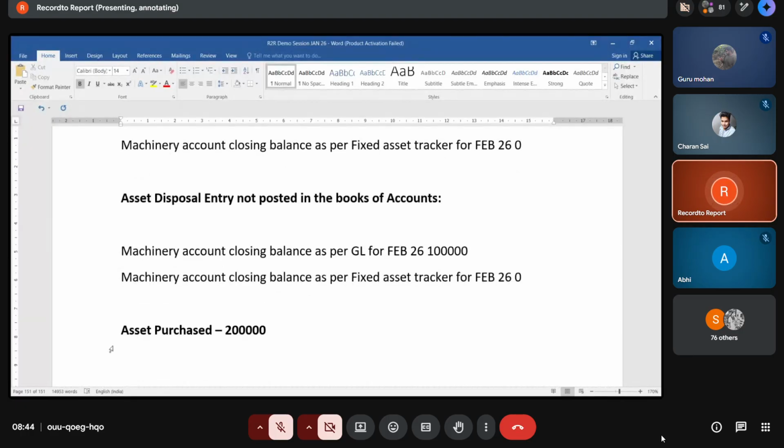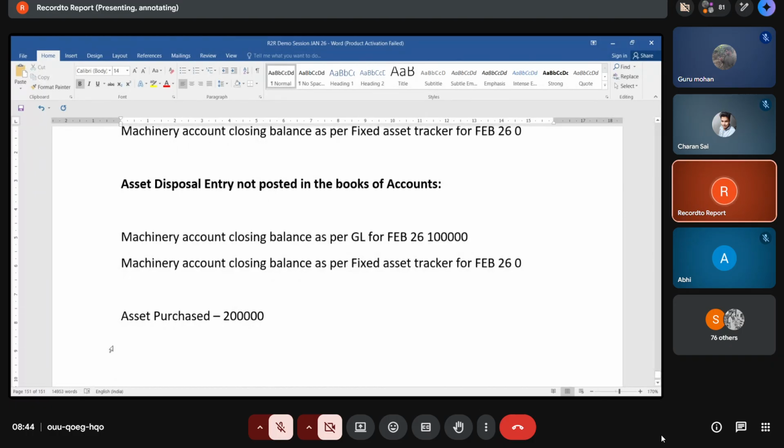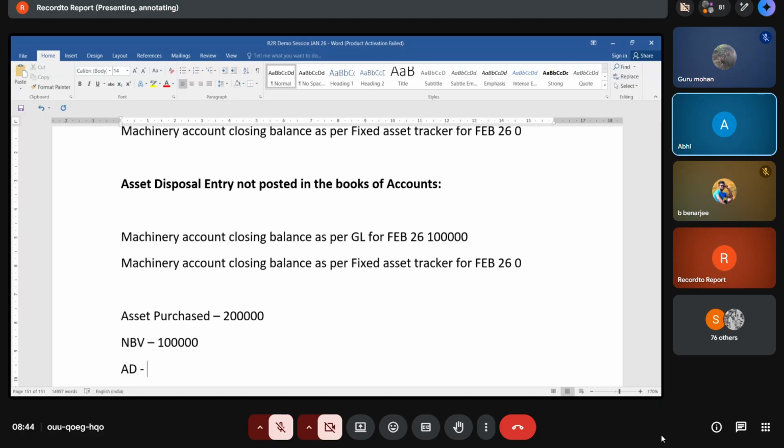What is the net book value now? Net book value is 1 lakh rupees. What is the total accumulated depreciation, guys? If the asset was purchased for 2 lakhs and is now showing 1 lakh, the accumulated depreciation is 1 lakh. Okay.